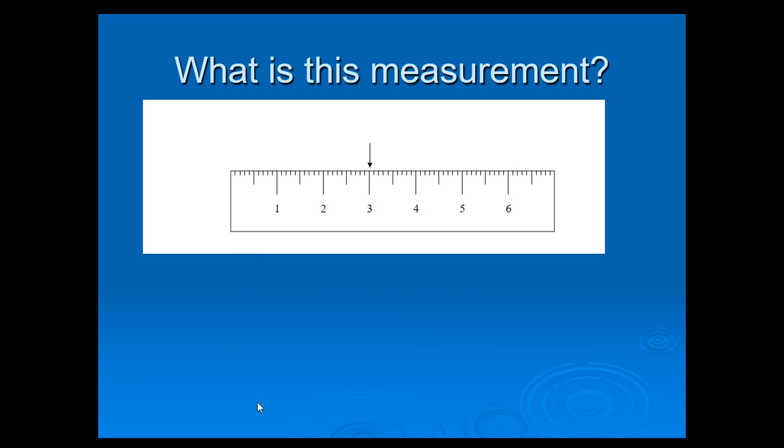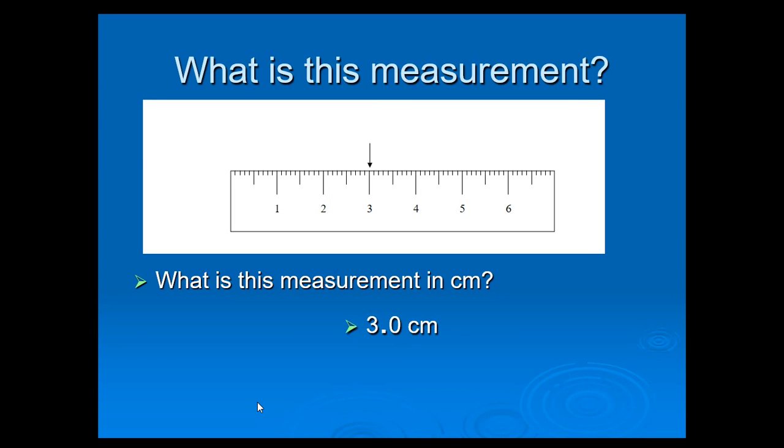All right, let's try one more measurement. And for some reason, people have a tough time with this sometimes. Let's start off in centimeters. How many centimeters is this pointing to? Remember, in centimeters, we're counting by tens.